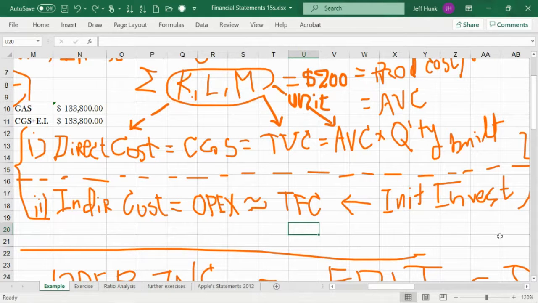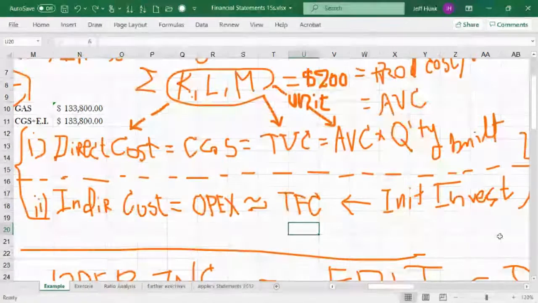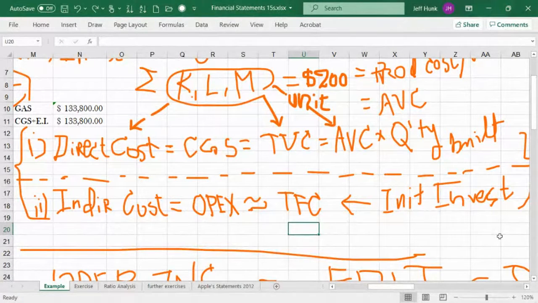The entry barrier is very low for something like a paper clip or rubber band, but for something like an automobile, a computer, or a mobile device, the entry barrier is very high.